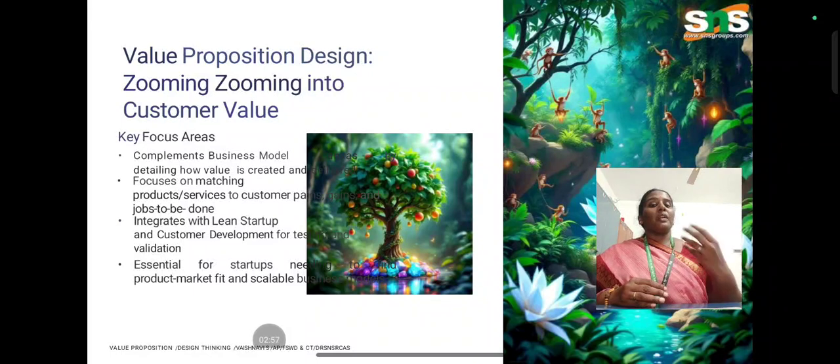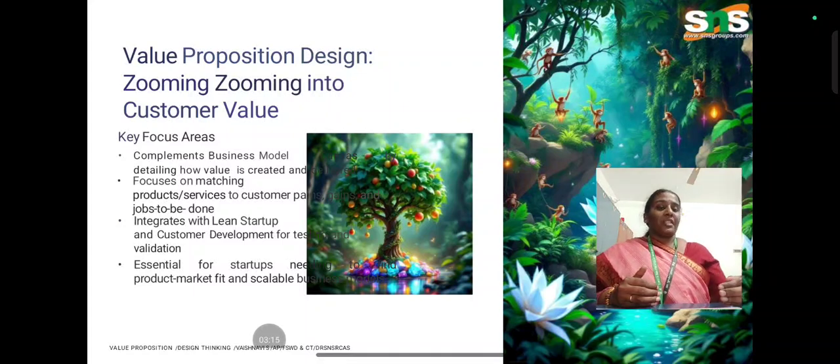So focus on matching products or services to the customer jobs to be done. So it integrates with the lean startup and customer development for validation. It creates the lean startup and also provides testing before launching the model or product. And also it is essential for startups to put a product in the market.